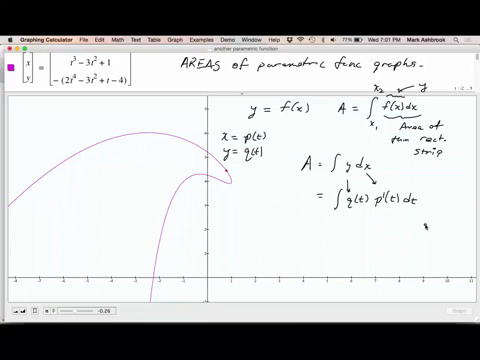So dx is the derivative times dt, like a mini chain rule. But now we're in terms of t, so it's going to be from t1 to t2. This is our area formula for parametric functions, with respect to t. But it's still height times a little chunk of width, still a rectangle.